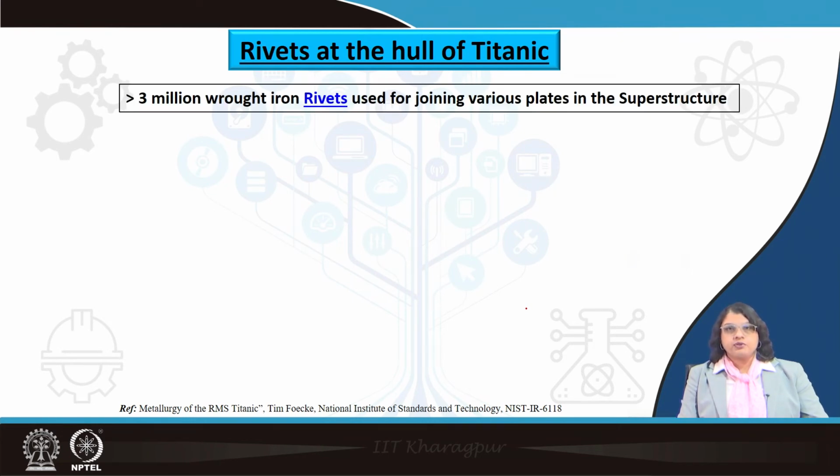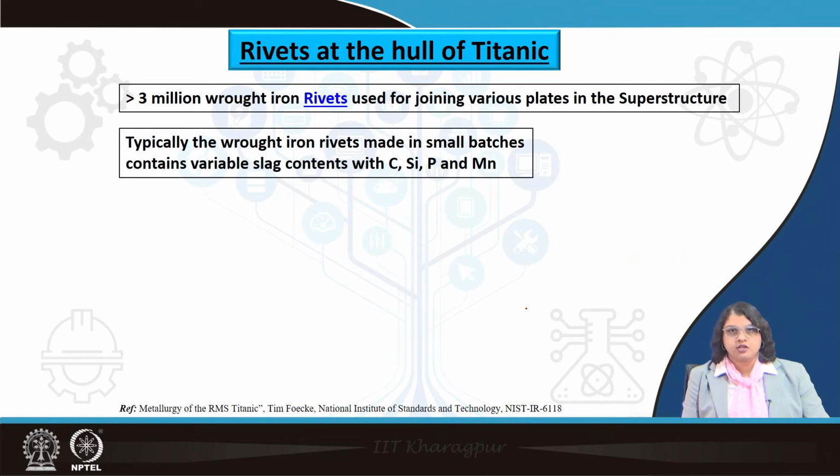So, the other very important factor that played a role in the sinking of Titanic is the presence of rivets. Now, the superstructure used more than 3 million rivets, and these rivets at that time were made from wrought iron. They were produced in small batches, and that once again led to differences in composition and contents from batch to batch.